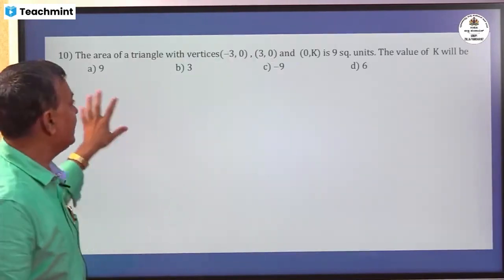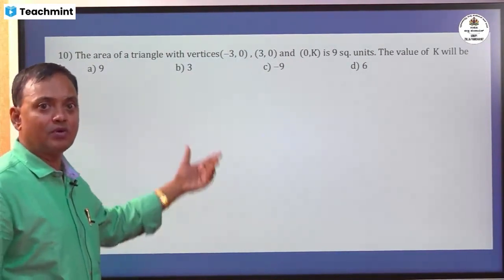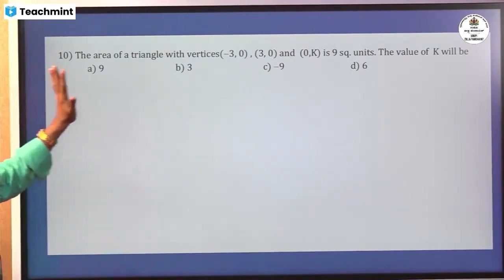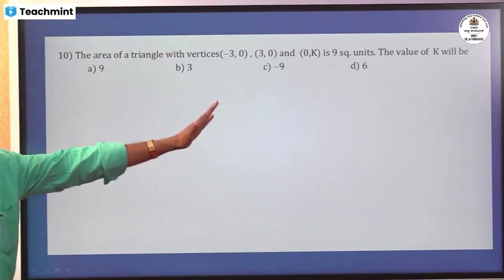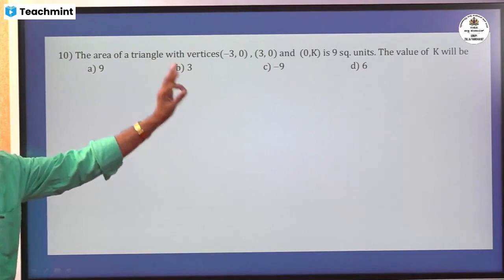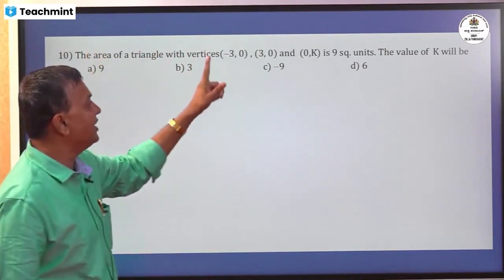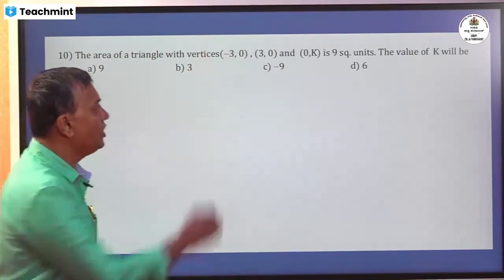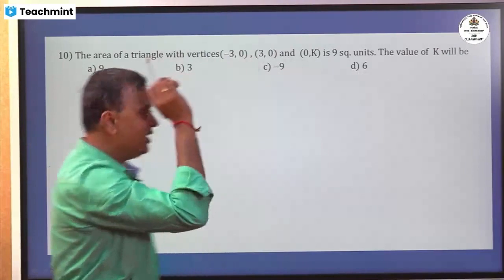Some questions in CET are related to your annual exam. The area of the triangle with vertices, this is just a simple question. Whatever you studied for your theory exam is enough. The area of the triangle with vertices minus 3, 0, 3, 0, 0, k is 9 square units. Then find the value of k, area given.